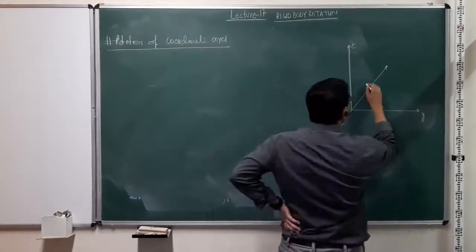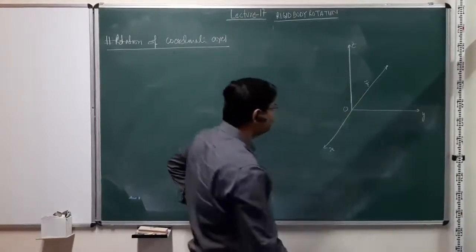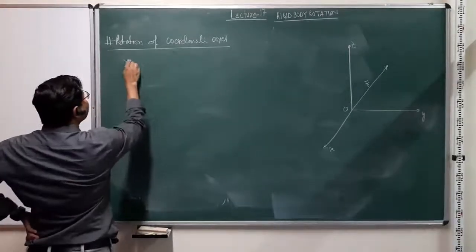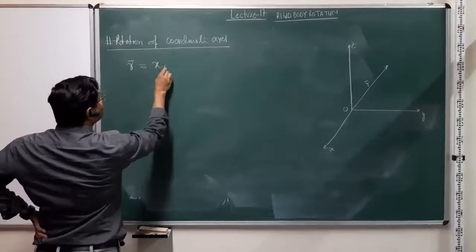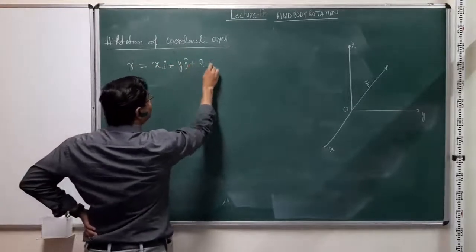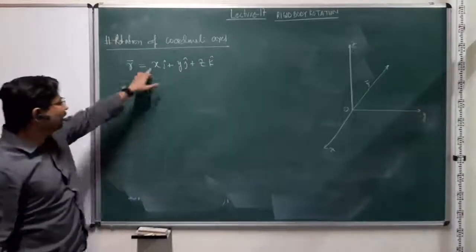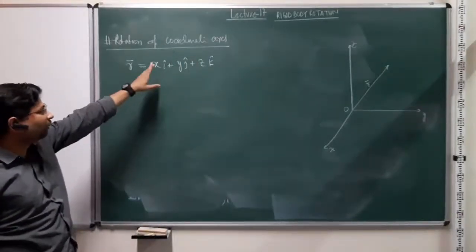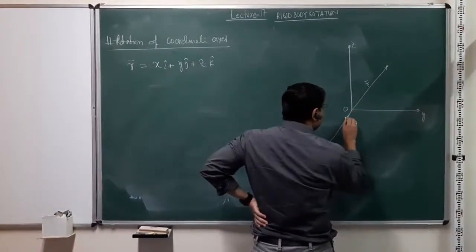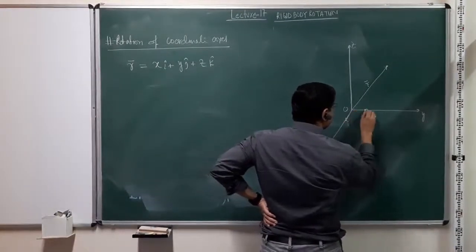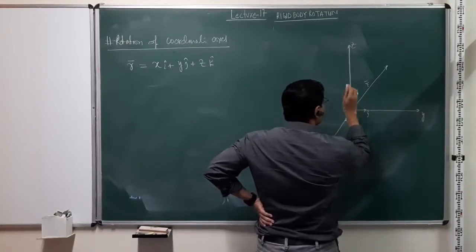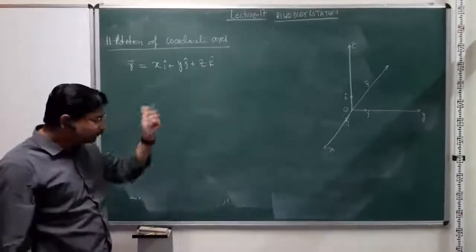So let us say this is my vector r, and in xyz I can represent this vector r as x i cap plus y j cap plus z k cap, where x, y, z are the components along i cap, j cap and k cap direction, and i cap is the unit vector along x-axis, j cap is the unit vector along y-axis, and k cap is the unit vector along z-axis.